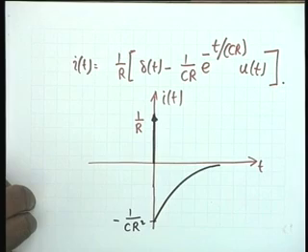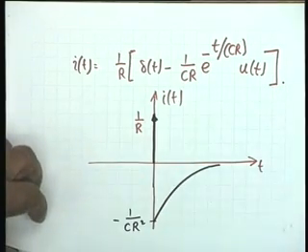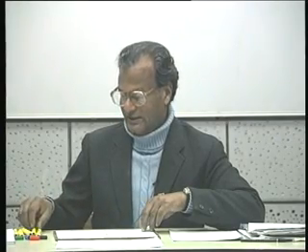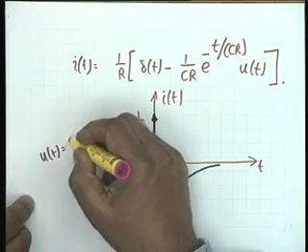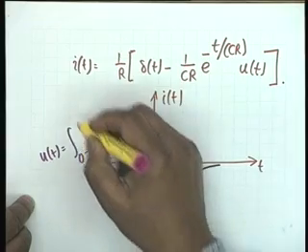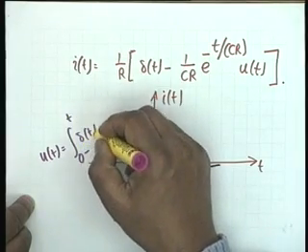Now, the next question that arises, suppose we wanted to find out the unit step response, then do we have to proceed ab initio, or does this give a clue to the solution? You see, unit step u of t by definition is the integral from 0 minus to t of delta t dt.